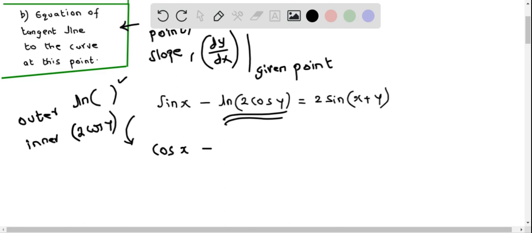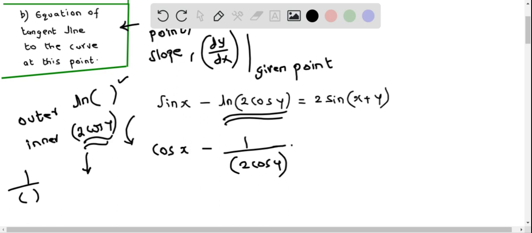When we differentiate the outer function, the natural logarithm, the derivative is 1 over the expression inside the natural logarithm. So I put 1 over, inside the bracket, the inside part, which is 2 cosine y. Then when you apply the chain rule, we have to multiply by the derivative of the inside function, that is the derivative of 2 times cosine y, which equals −2 sine y.